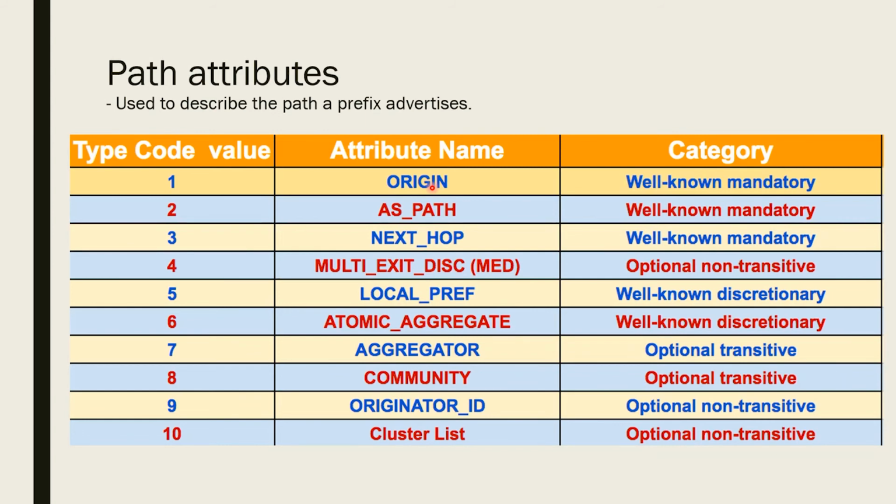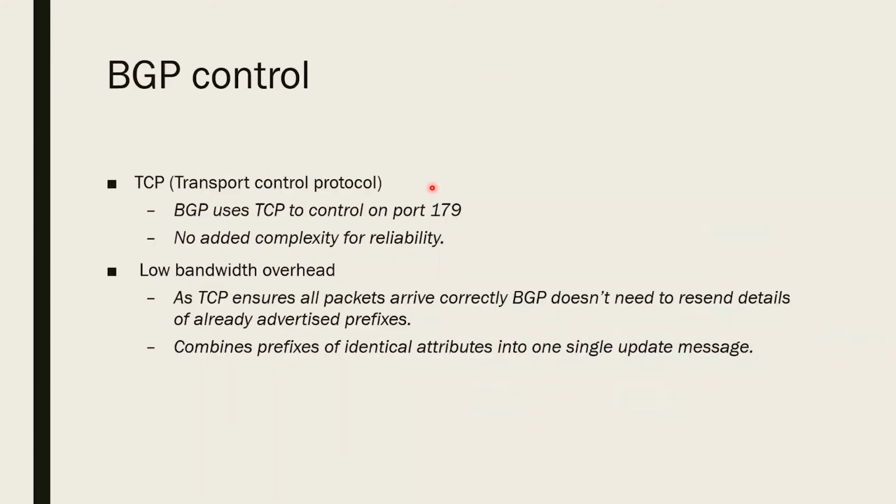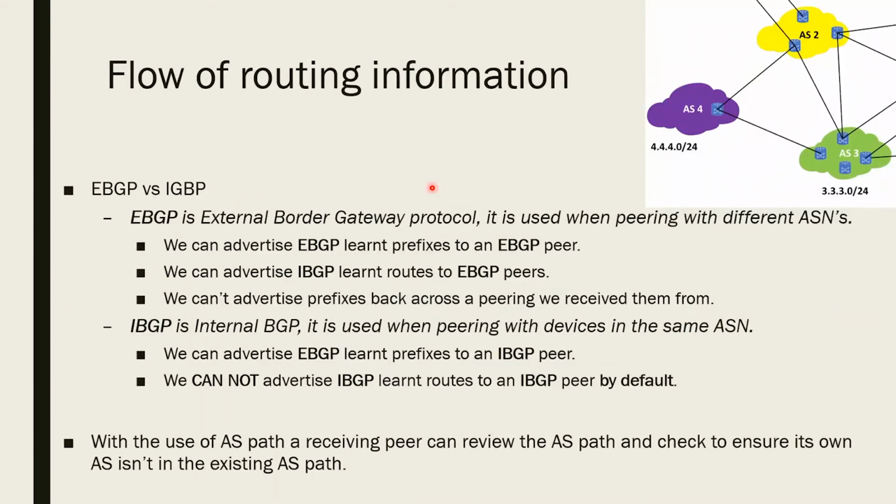And that MED value is, if I just go back to one of the previous slides, in the case of AS2, if we've received a prefix from AS3 over these two links, it helps AS2 determine which of the two links it should send traffic towards AS3 on. So it's a way for AS3 to control the way that another AS sends traffic to it.